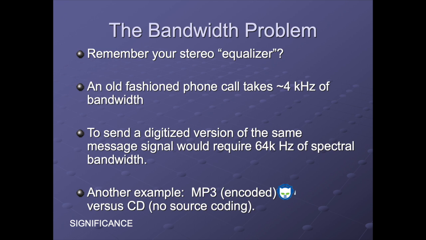If you go much below 8 bits, you don't have enough levels and it doesn't sound very good. So 8,000 times 8 is 64,000 bits per second. And then the technology of the day took between 1 and 2 hertz of bandwidth to represent a single bit. So you can come up with this rule of thumb that if you wanted to digitize a phone call, you're now expanding the required bandwidth to 64 kilohertz.